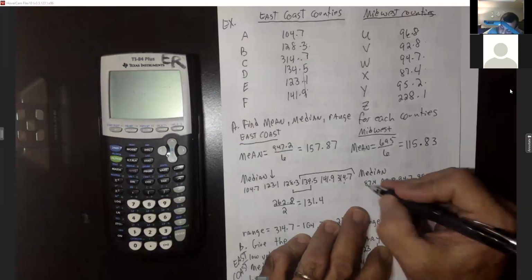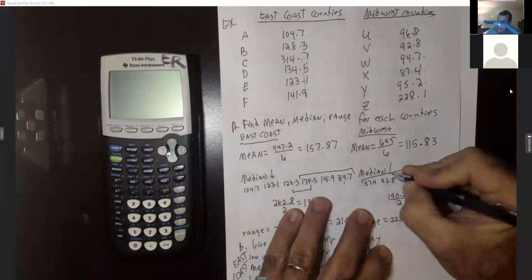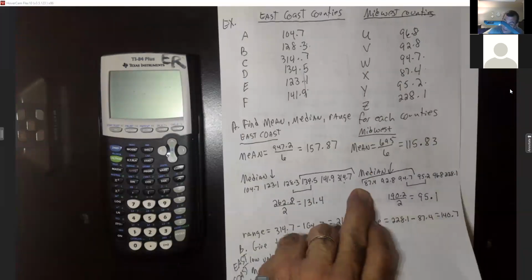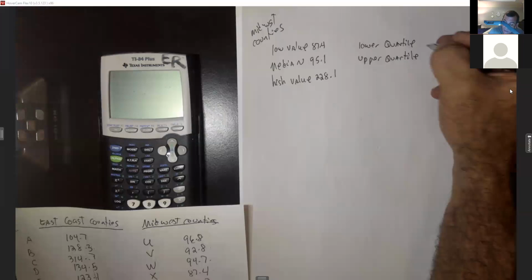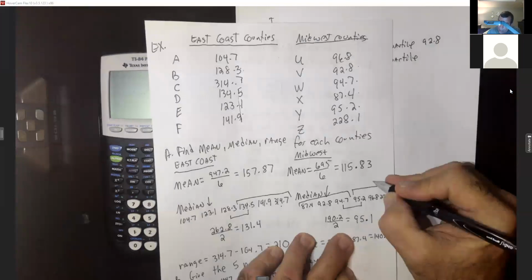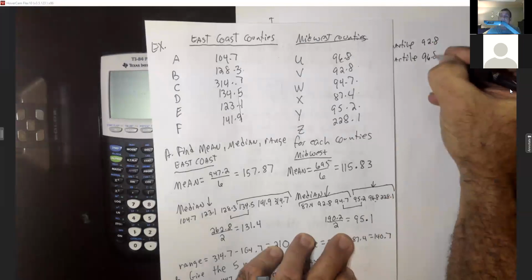So here's my lower half of data. Its median will be the middle number, which is 92.8. So 92.8 is my lower quartile. And then my upper quartile is the upper half, and its median is the 96.8.